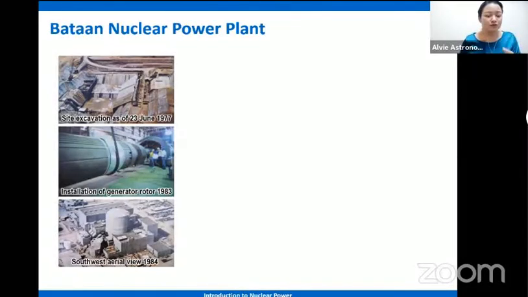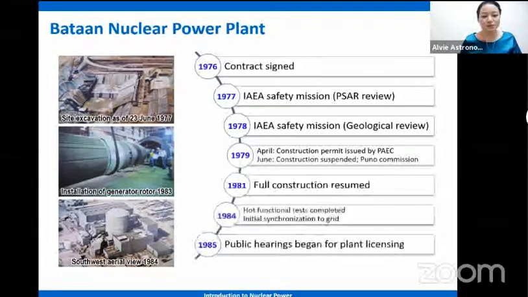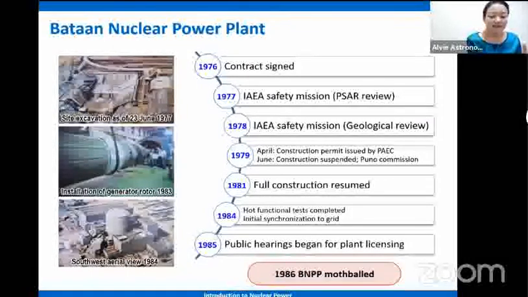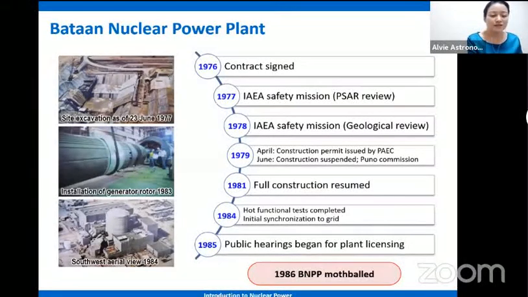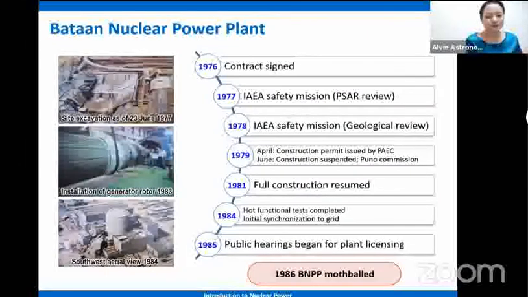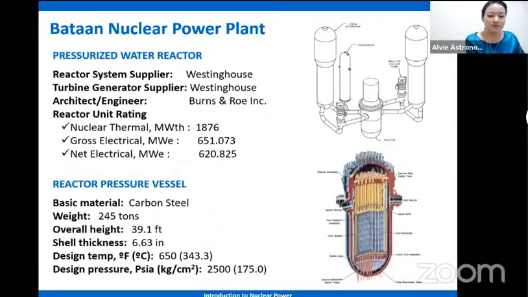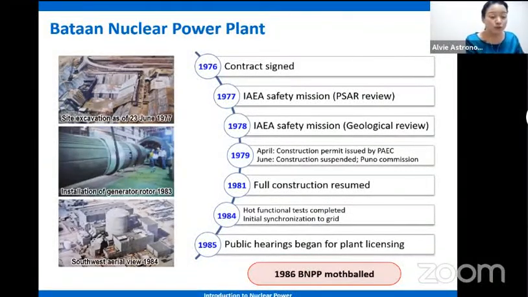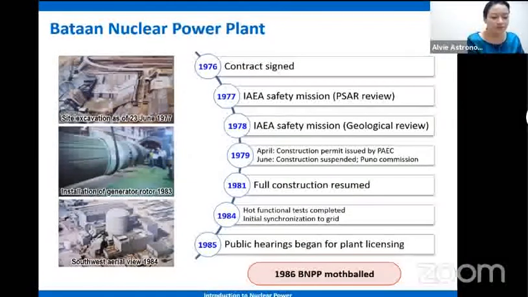There are also a lot of questions from the registration about the Bataan nuclear power plant. So here's a brief history. It's a sad story. In 1976, the contract was signed. We were one of the first in Southeast Asia to have a contract signed for a nuclear power plant. In 1977, an IAEA safety mission was conducted to review the preliminary safety analysis report of the BNPP.